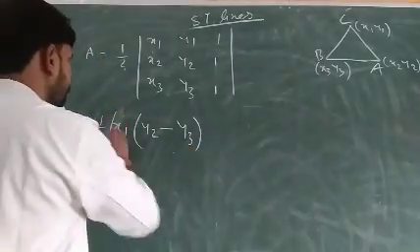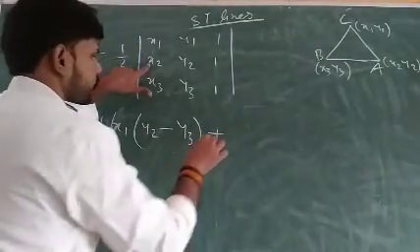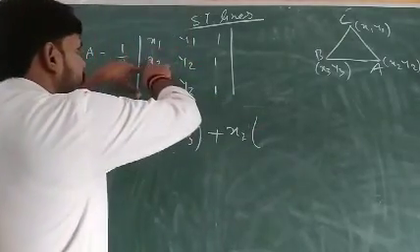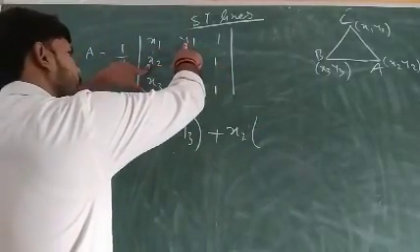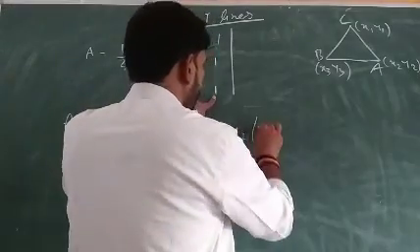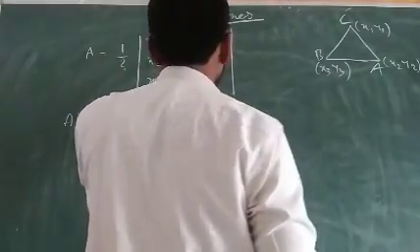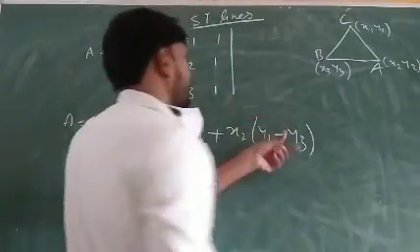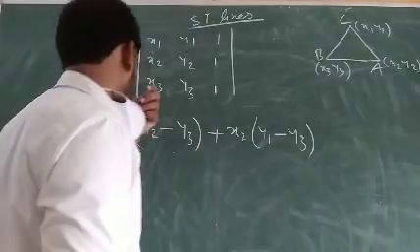Similarly for x2, we leave its row and column completely, and you get y1 into 1 minus y3 into 1, or you can write y3 minus y1.